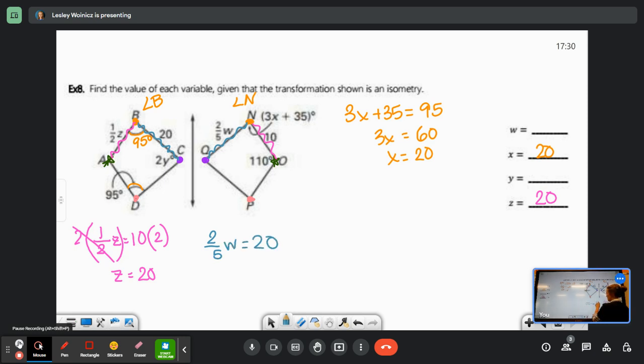So I can multiply both sides by the reciprocal of 2/5, which is 5/2. 5's cancel, 2's cancel, leaving me with W. Okay, 20 times 5 is 100. Divide 100 by 2, W is 50. Okay, we just have to find Y.